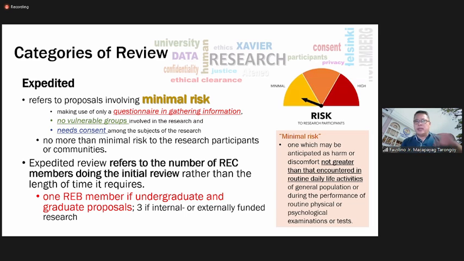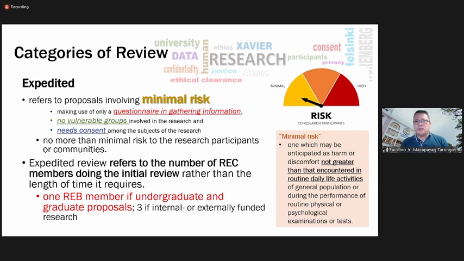Our daily activities usually always carry potential risk, but if that is managed as a day-to-day activity, then that is considered a minimal risk. So any procedure that involves that kind of level of risk can be categorized as expedited.